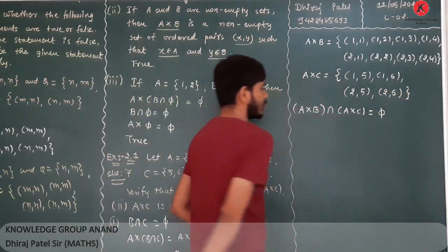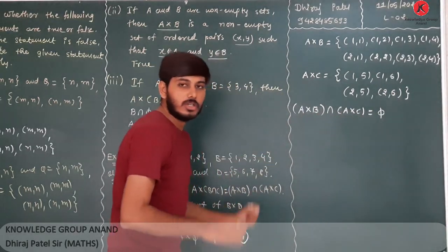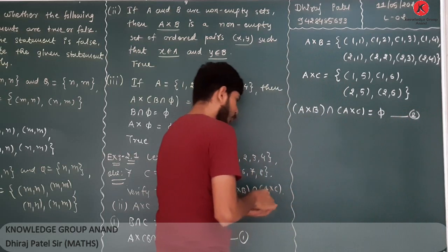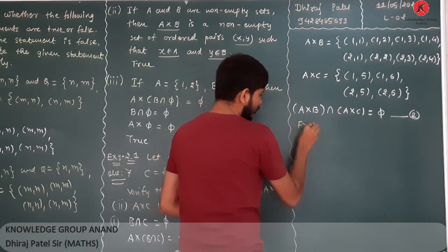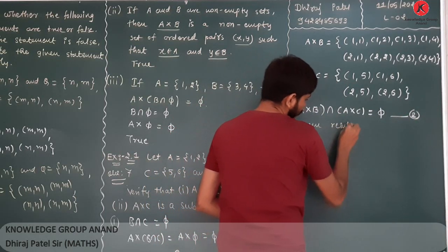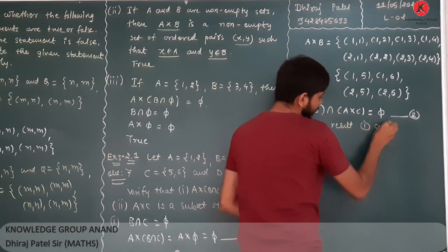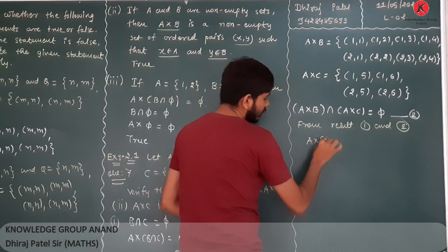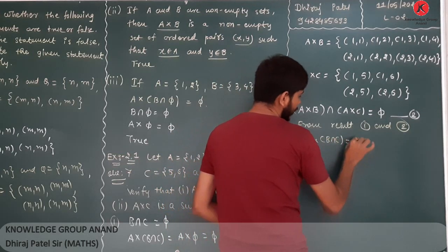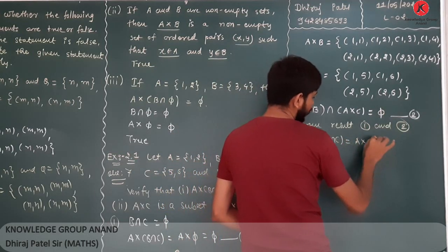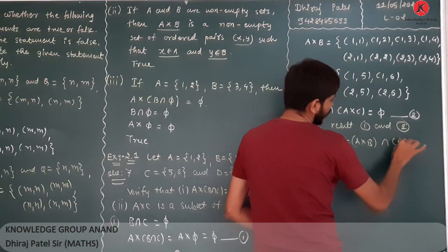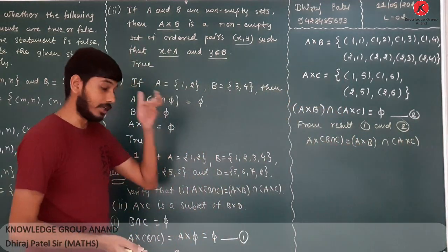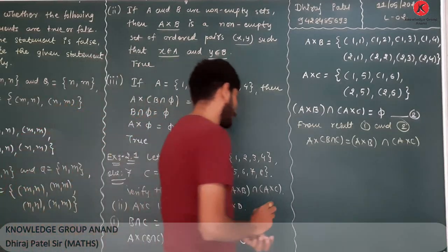Therefore the intersection of these two sets equals null set. This is our result number 2. Therefore from result 1 and 2, we can say that A cross B intersection C equals A cross B intersection A cross C. Our statement is verified.